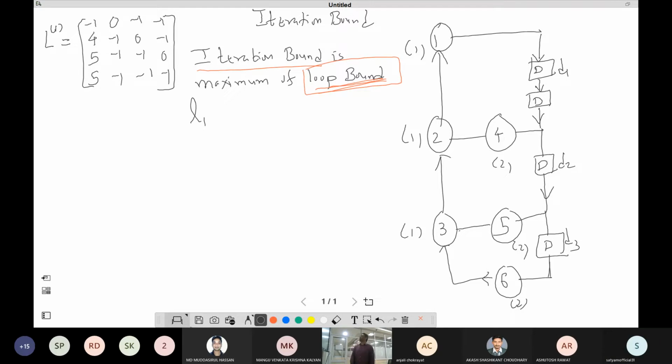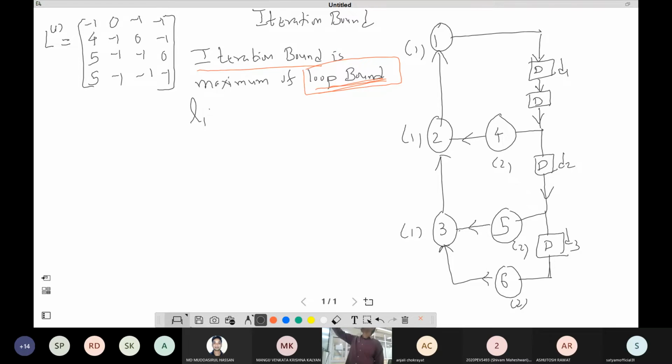Okay, let me know what those are. See over here, this is the way it is going. Okay, so again I am asking how many loops you have. Okay, try to find out one by one.